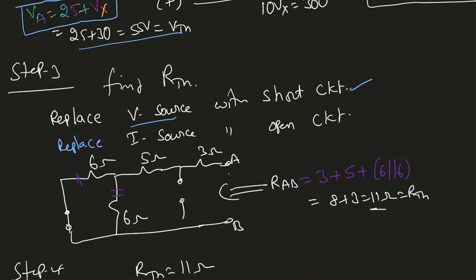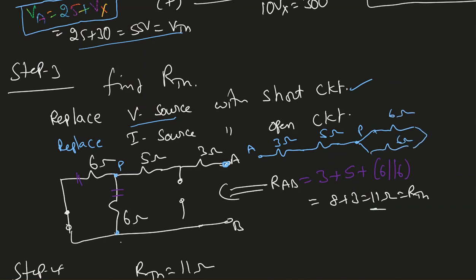So same thing here, start walking from A, reach B. If I redraw the circuit, I'm going to start walking from A, 3 ohms, and I see 5 ohms, and then I'm going to reach, say, point P. At point P, it separates into 2 paths, 6 ohm, another 6 ohm.